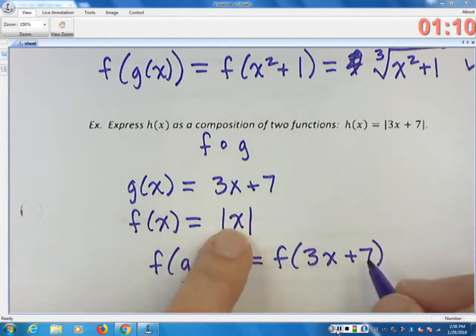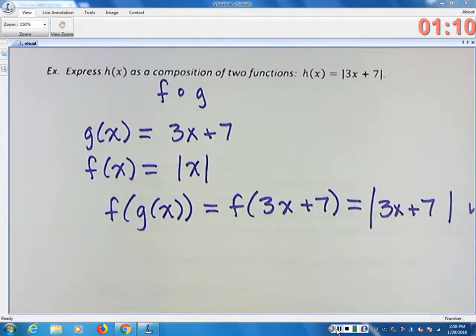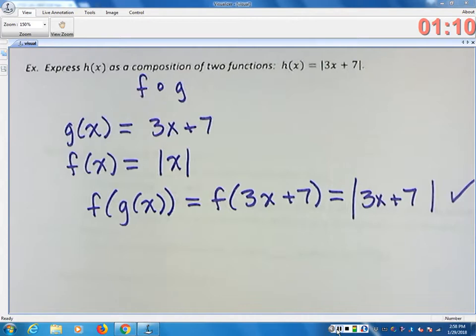Then everywhere you have an x, replace it with 3x plus 7. Okay? And that worked. So, inner function, outer function. Look for an inner function and outer function. And that's section 1.7. Any questions?